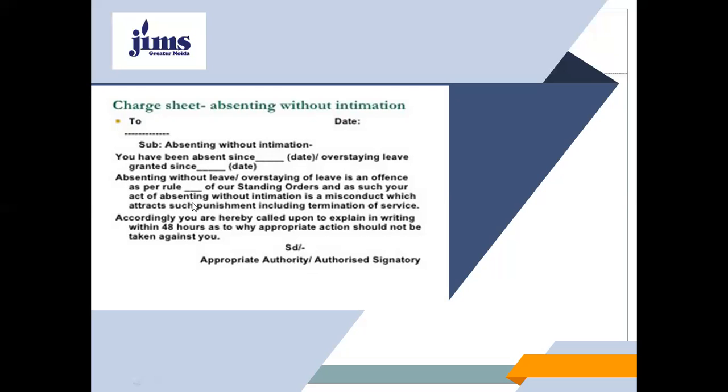You will mention the duration for which the workman was absent, or if he or she was overstaying leave granted, then the date you will mention in the charge sheet, and then you will say that because your act without intimation is a misconduct which attracts such punishment including termination of service.